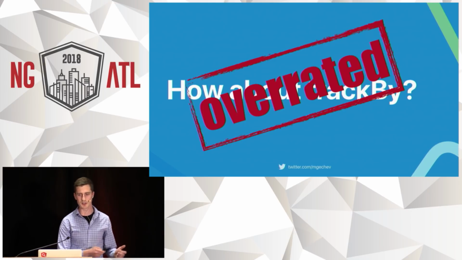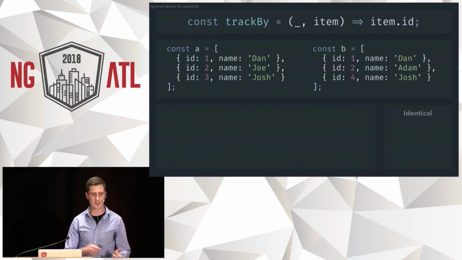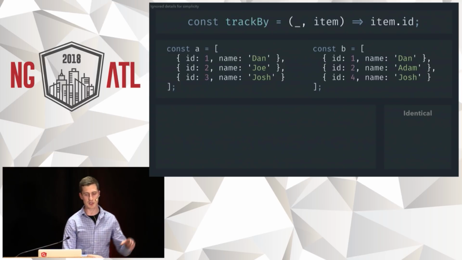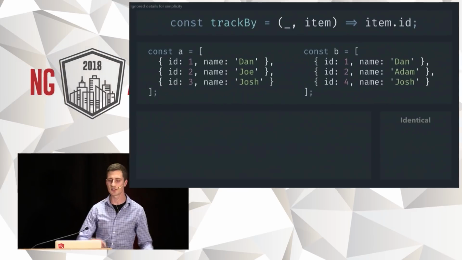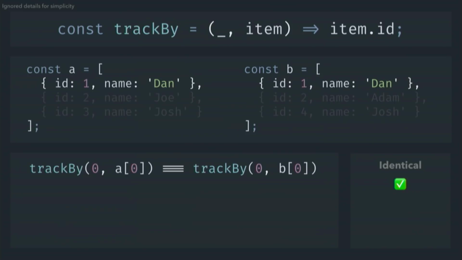So let's just take a look at a specific example. In this case, we have the list A and the list B. And first, ngFor has rendered list A. The second list that we're passing to ngFor is list B. Now, ngFor needs to compare these two lists in order to determine what it should render on the screen in the end. So it is going to compare the items by using the track by function.